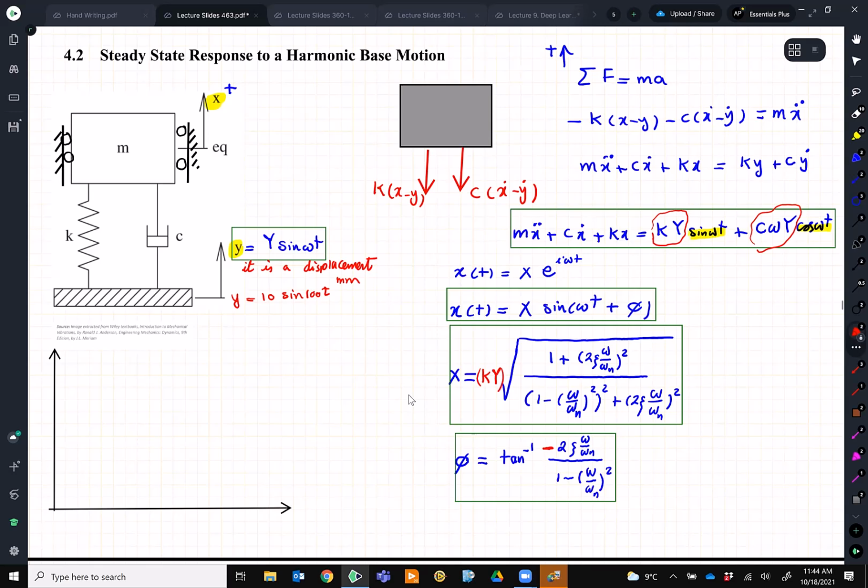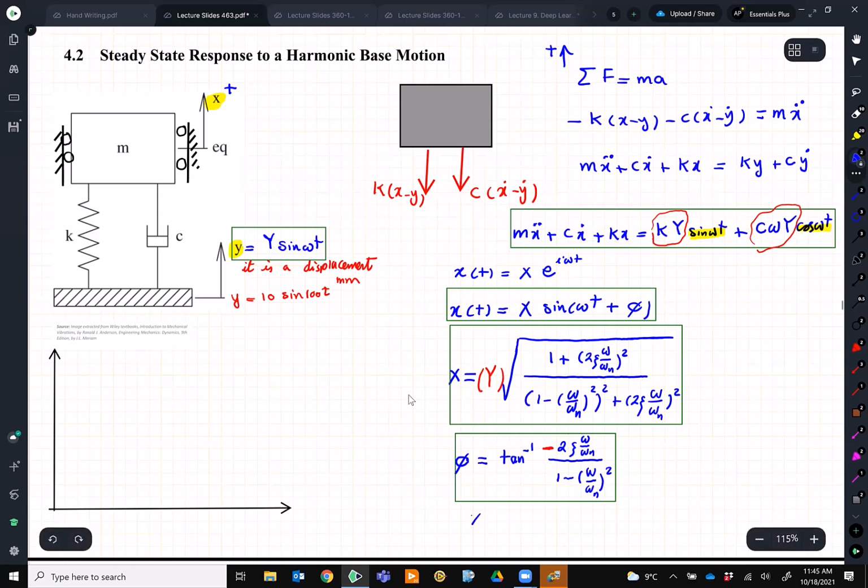Or sorry, for the numerator it is just Y, because otherwise the units don't make sense, right? So it is just Y here. Now it is correct. So X is equal to Y multiplied by that number.